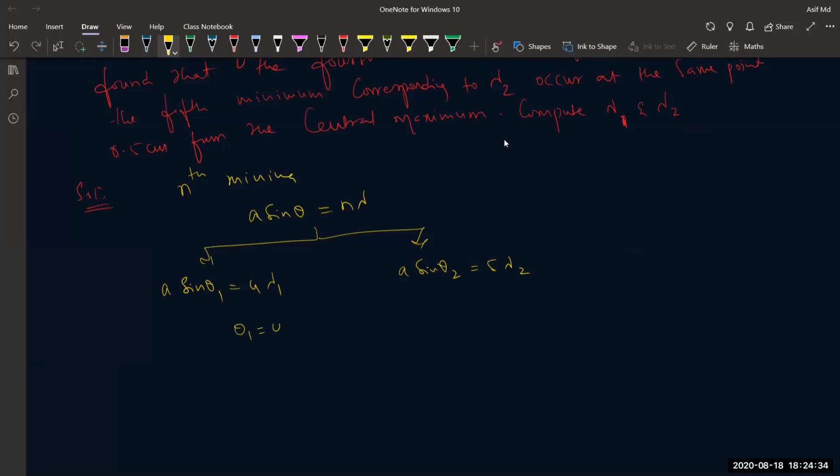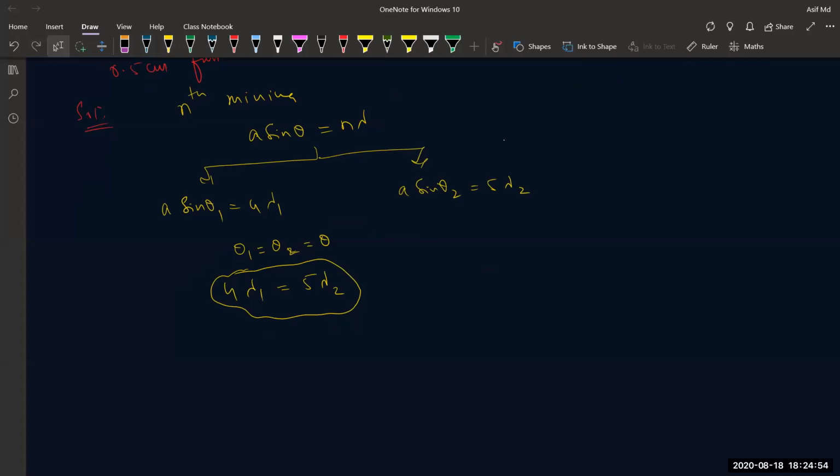Here theta 1 will be equal to theta 2, that is some theta, because they are coinciding. So a sin theta is the same, and that becomes 4 lambda 1 equals 5 lambda 2. That is the relation between lambda 1 and lambda 2.